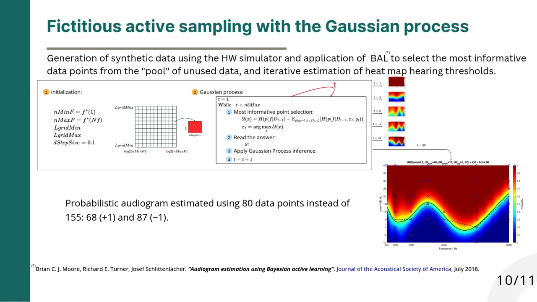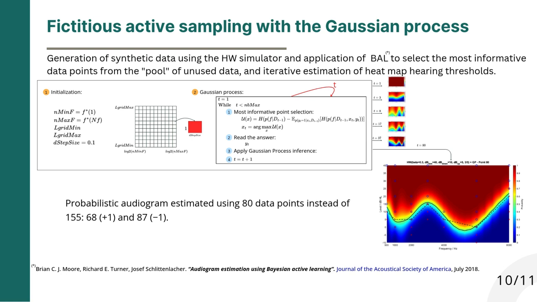In this workflow, we first generate synthetic responses using our Hughson-Westlake simulator across a predefined frequency-intensity grid. We then perform Bayesian active learning iteratively. At each step, we evaluate all unused grid points to identify the single most informative stimulus.